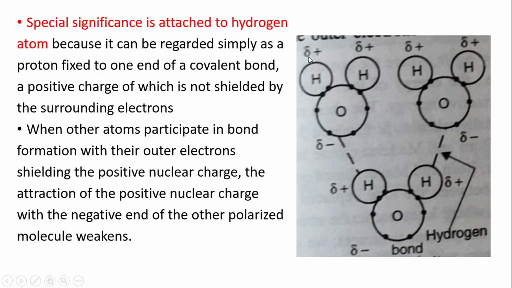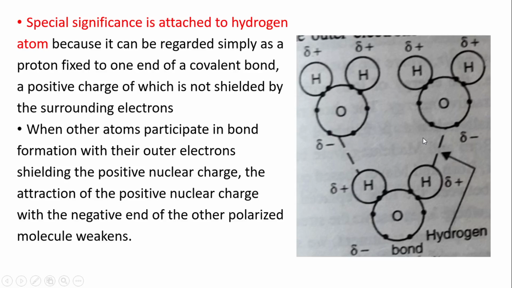Now, when another water molecule comes near such a molecule, the hydrogen side of that will create a bond with the oxygen side of the previous one. In this way, the two hydrogen sides of a single water molecule create bonds with the oxygen sides of two other water molecules, where oxygen sides are the negative side of the dipole, and hydrogen sides are the positive sides of the dipole.